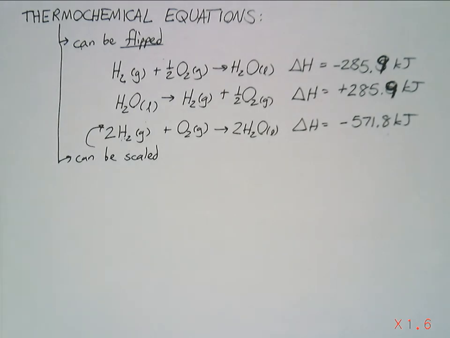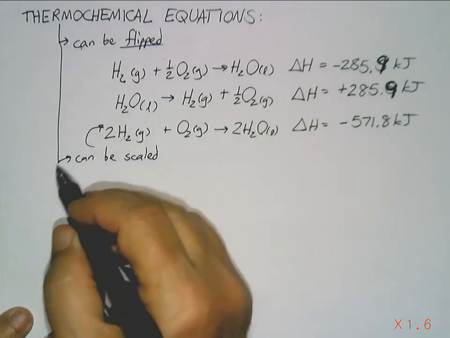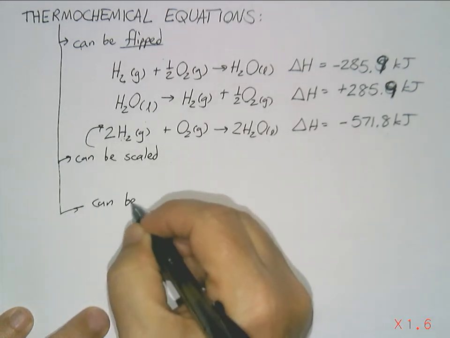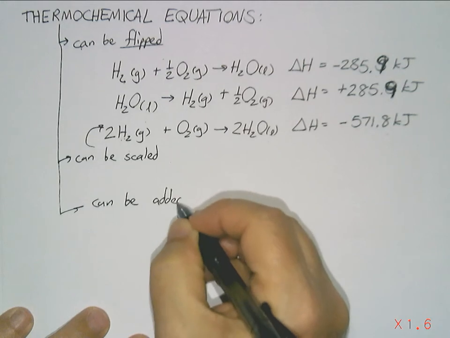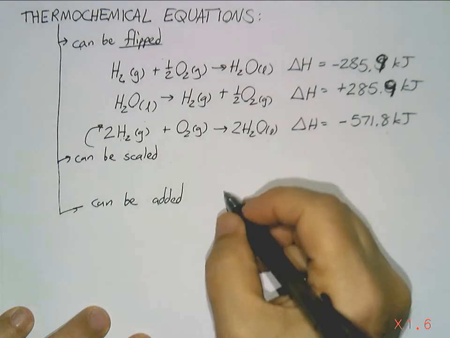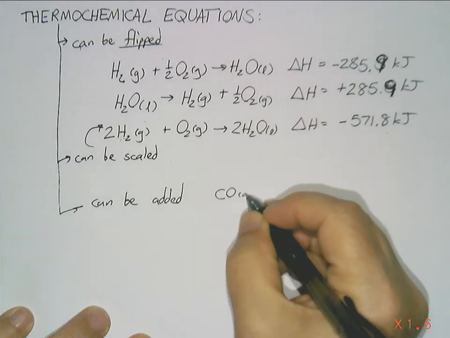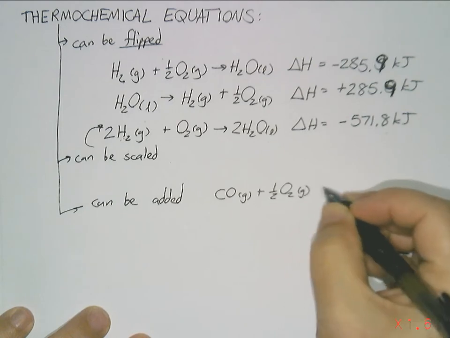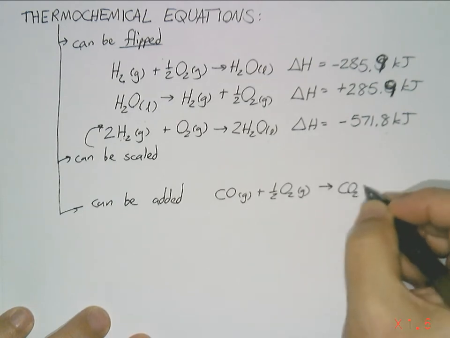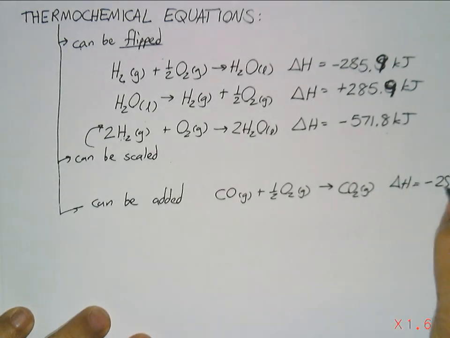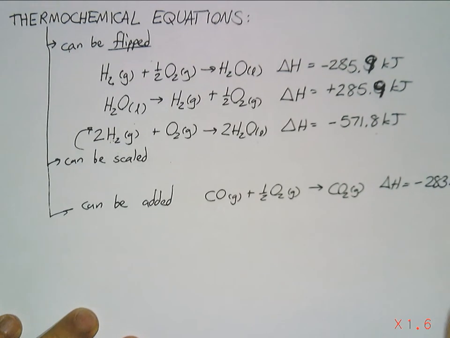So these are things that you can do with thermochemical equations. Another thing that you can do is add them. So for example, if you've got CO gas plus 1/2 O2 gas going to CO2 gas, and delta H for that is minus 283.0 kilojoules.